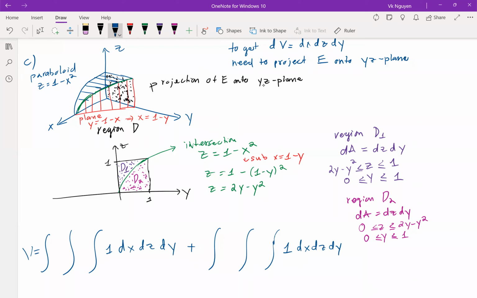So we know one of them is region D1, the other one is region D2. I can fill it up, and then you guys can help me out with the x there.